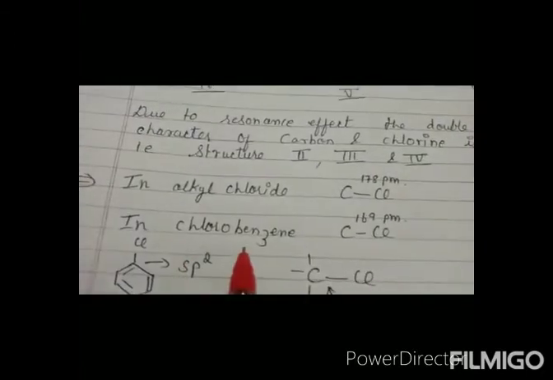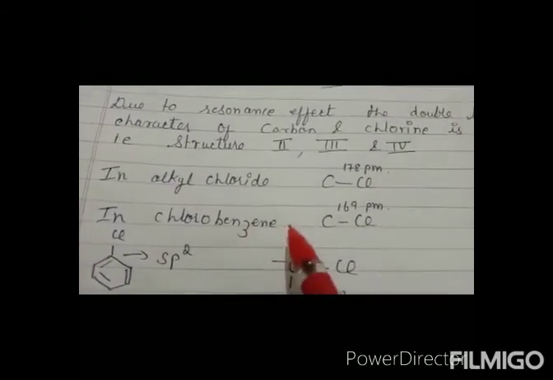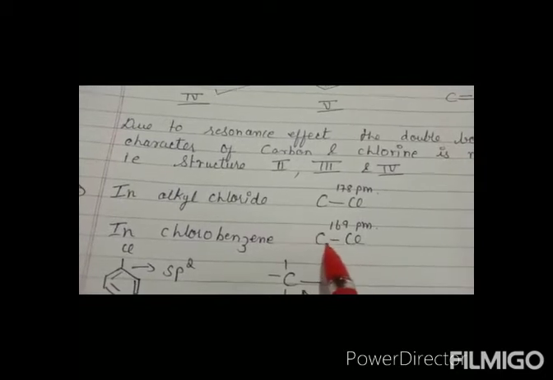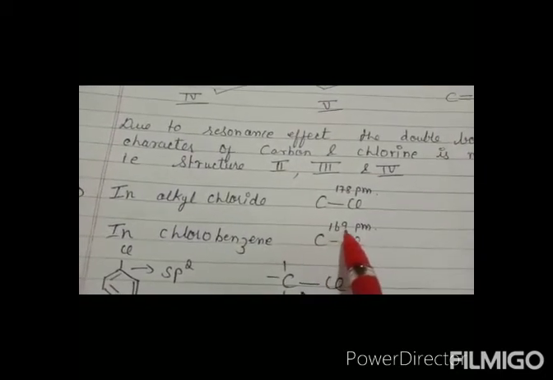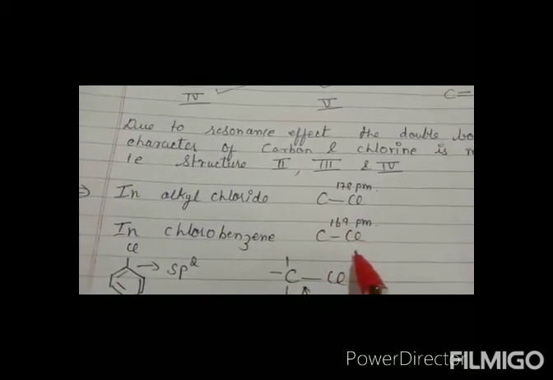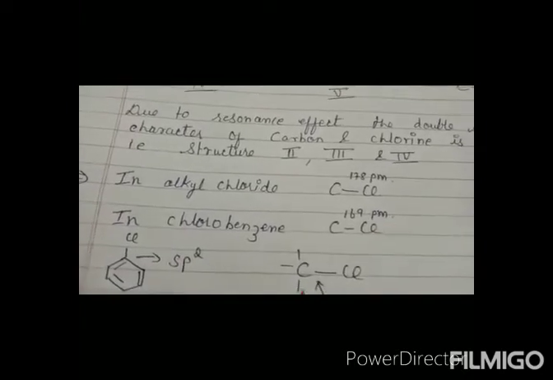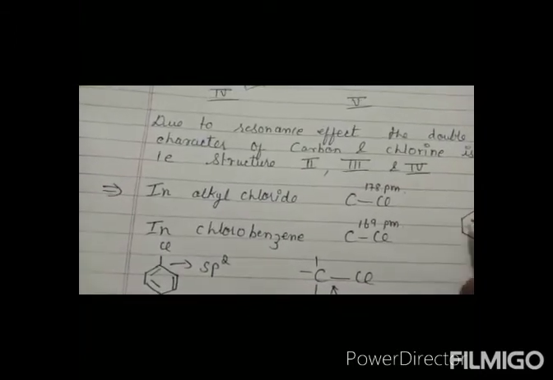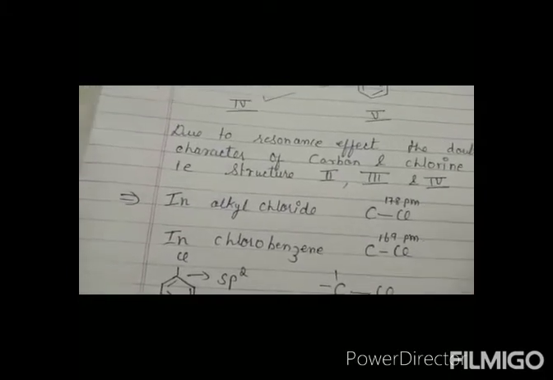Whereas in chlorobenzene, in my haloarene, the bond between carbon and chlorine is 169 picometer. This is because of the resonating structure also, because we know that carbon and chlorine have across it alternate double and single bond, right? So the bond length which is there is 169 picometer.